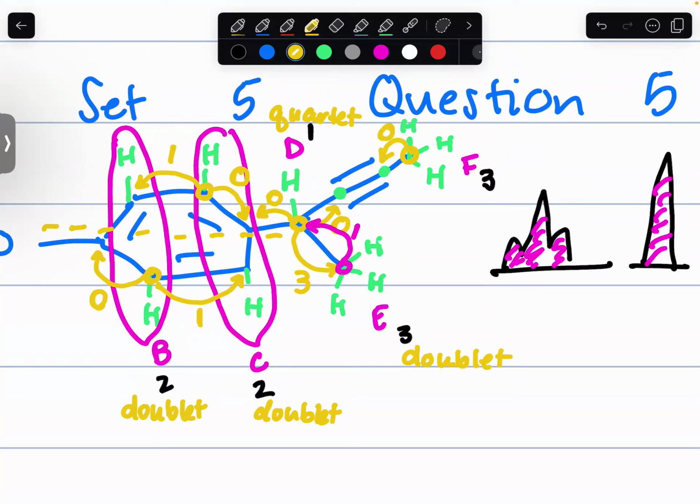So what kind of signal would we expect? Singlet. Yeah. So the line that comes off a carbon and then triple bond into another carbon and then to another carbon with the methyl group.